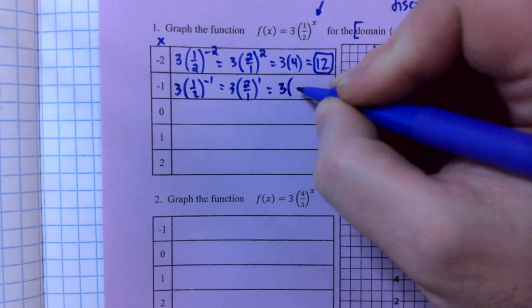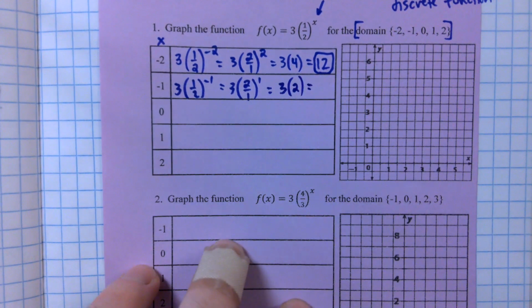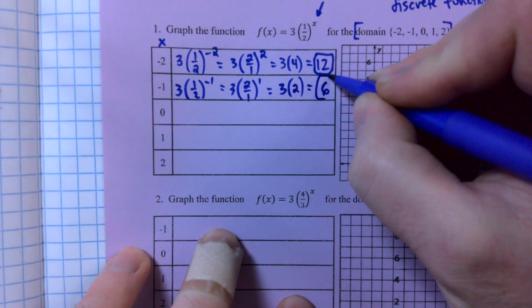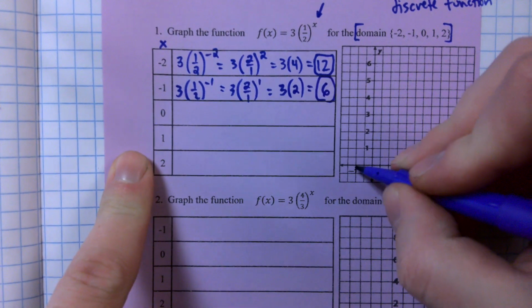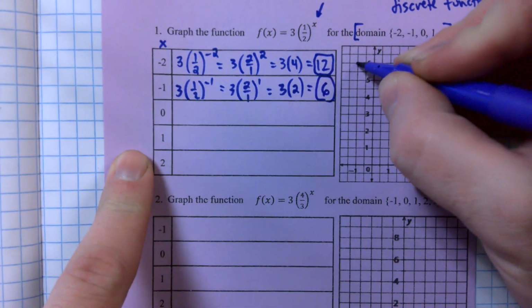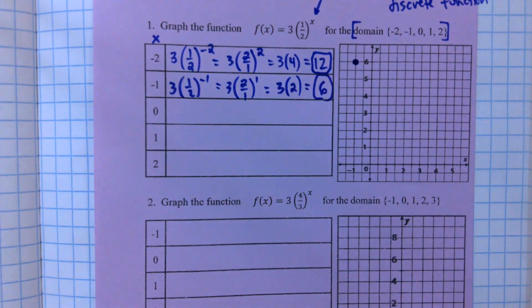What's 2 to the first power? 2. So what's 3 times 2? 6. Can we plot this point? Yeah. -1 on the x, positive 6 on the y. Boom. There's my first point: -1, positive 6.